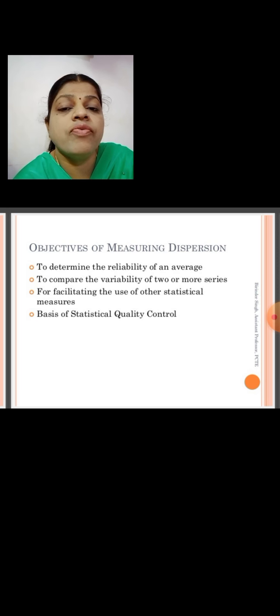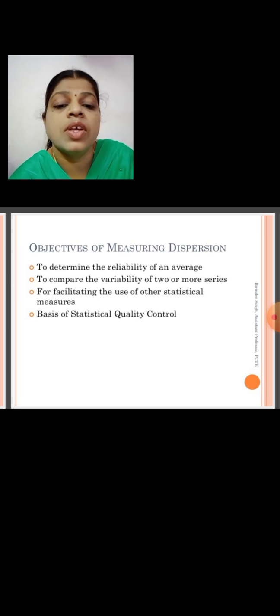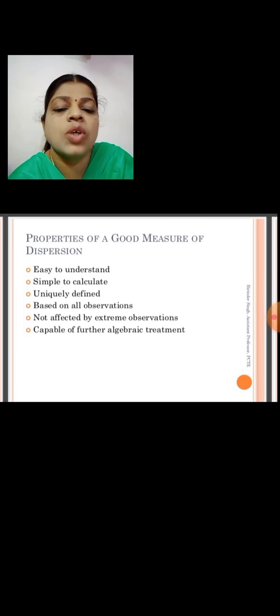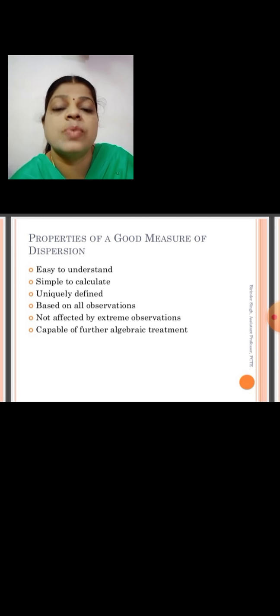Then different statistical measures are there, and these measures help to facilitate the use of such statistical measures. Then it serves as the basis of statistical quality control. So these are the various objectives of measuring dispersion.